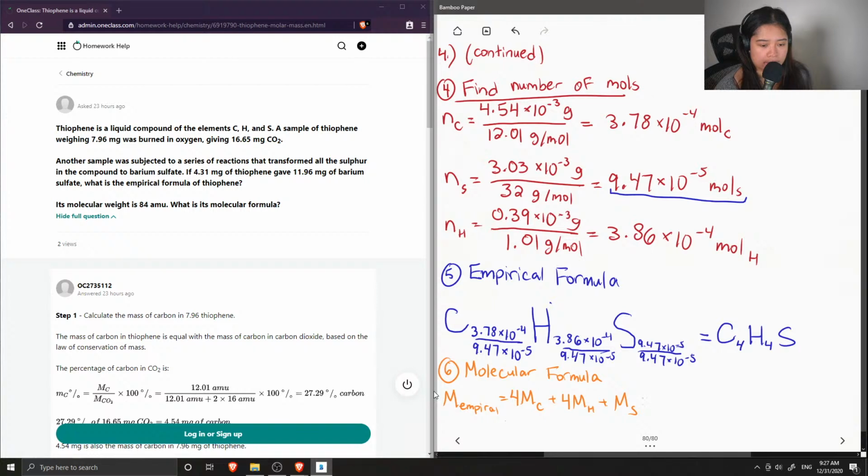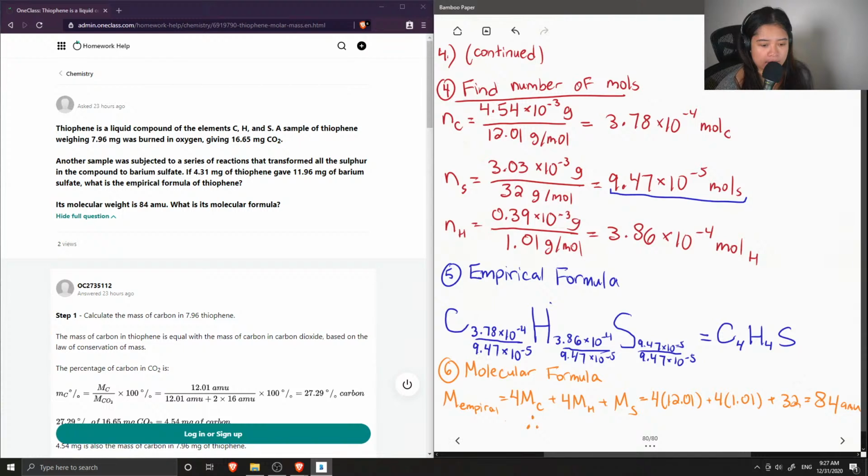So I can try to fit it going across. 4 times 12.01 plus 4 times 1.01 plus 32. And you'll notice that the molar mass of the empirical formula is also equal to 84 atomic mass units.